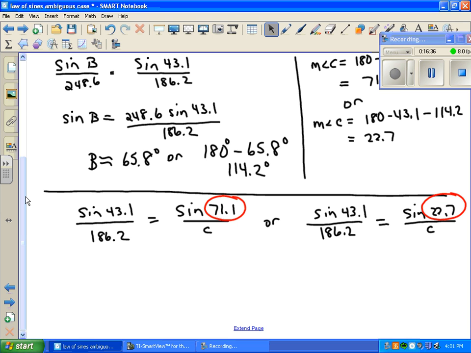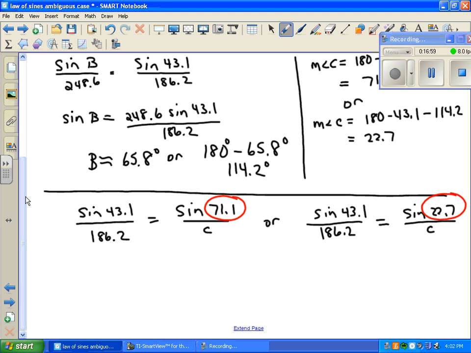Okay, now I'm just going to go ahead and calculate this by hand and not do it on the podcast, just to save time. So if you're following along with me, make sure that you're in degree mode again. 186.2 times the sine of 71.1 divided by the sine of 43.1.